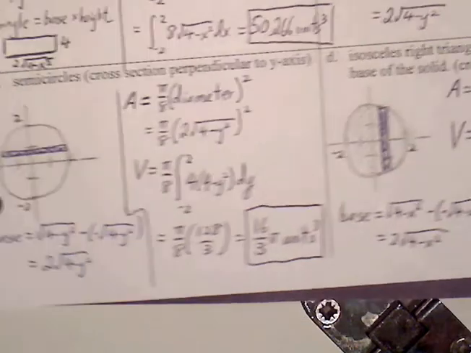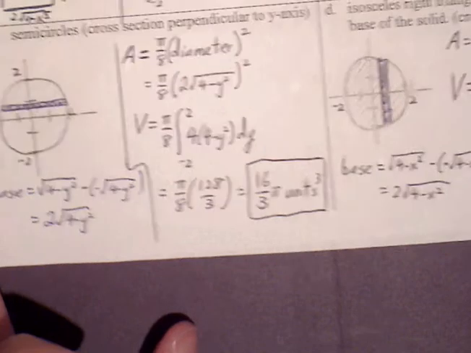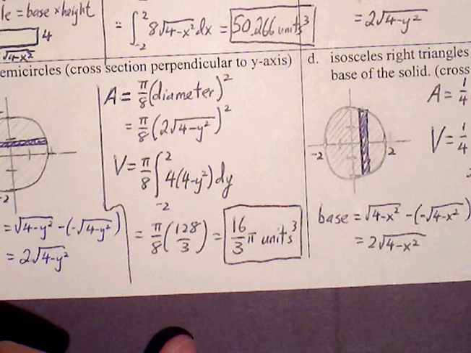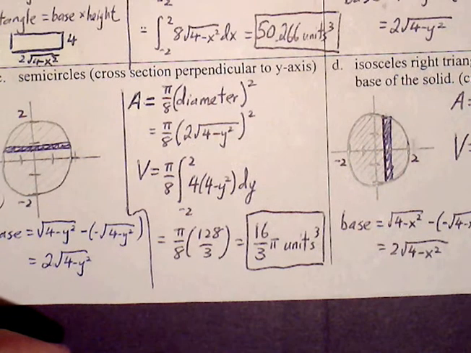Okay, part C. Now we have semicircles, and this will be a cross-section that is perpendicular to the y-axis.